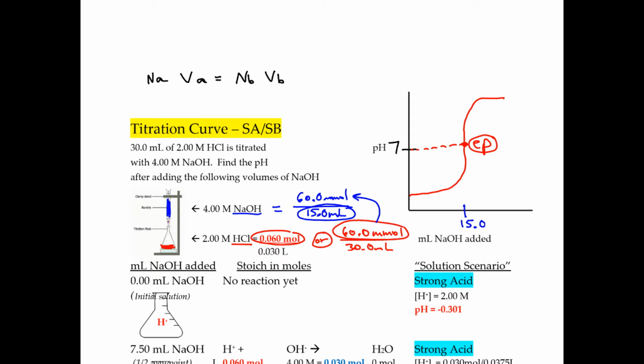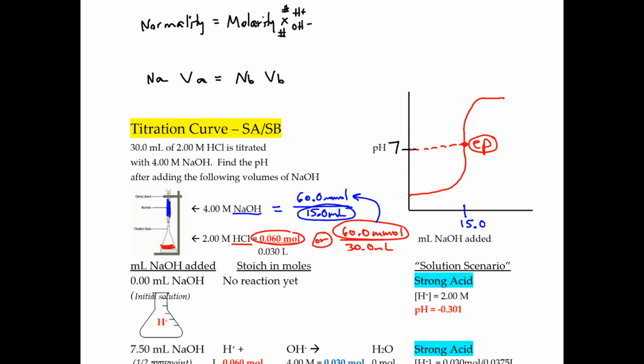And now you're going to say, well, what's normality? Normality specifically is for acids and bases, and it's equal to the molarity times either the number of H pluses for an acid or the number of OH minuses for a base.